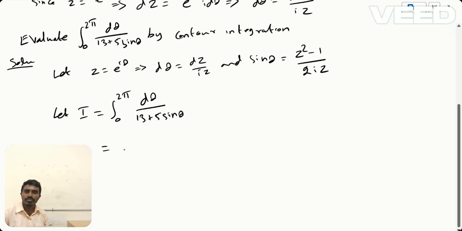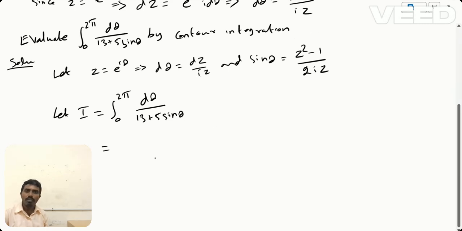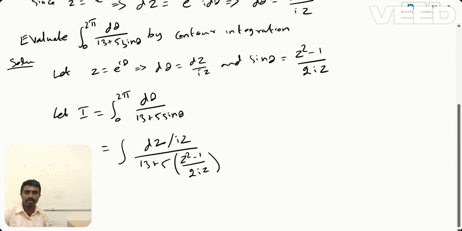Now substitute these things in the given integral. Then what do you get? Integral of dz by iz divided by 13 plus 5 times z square minus 1 by 2iz.